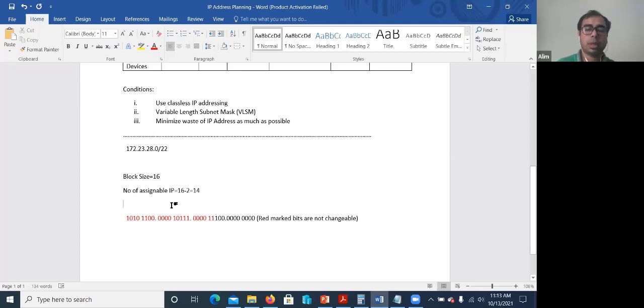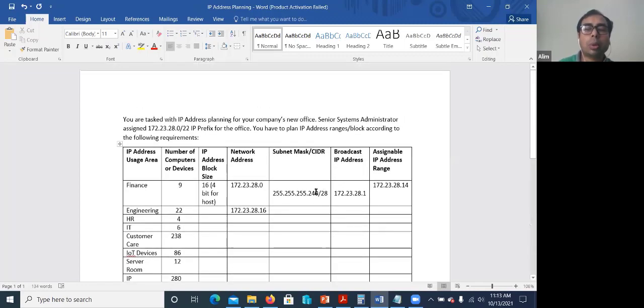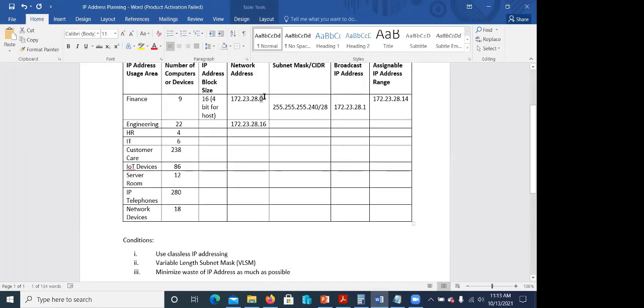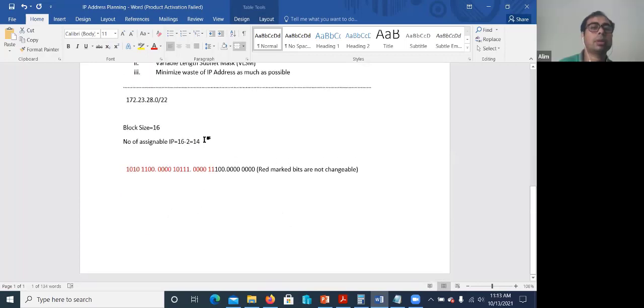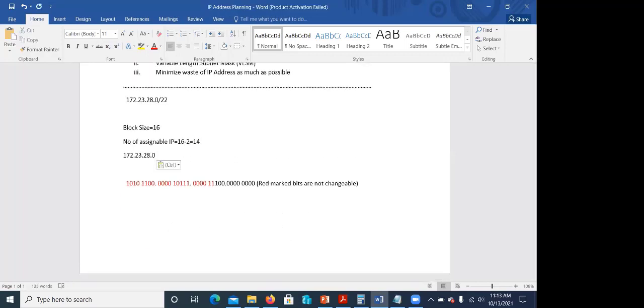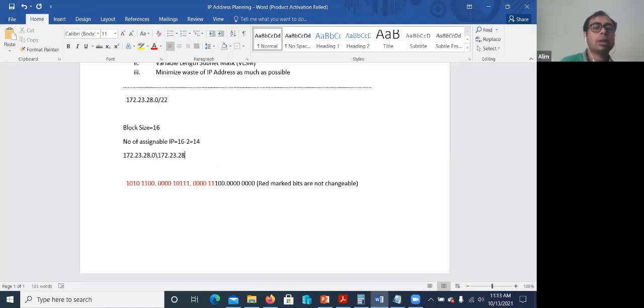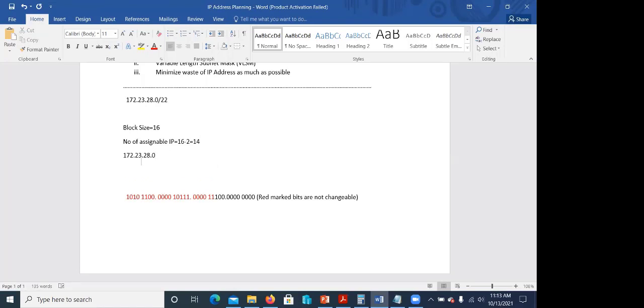That means your first IP is 1 here, because the last octet of the network is 0. Then our first IP address starts from 1 and the last will be 14.